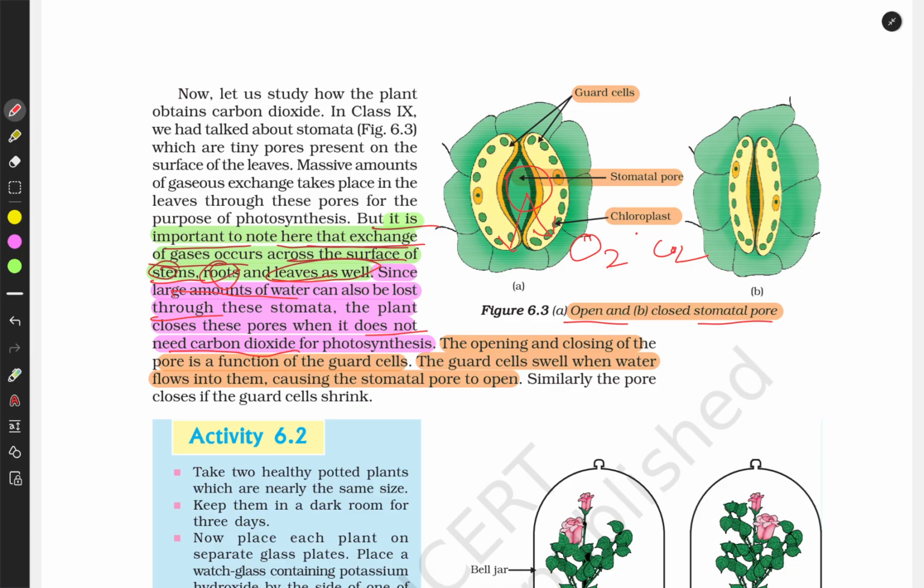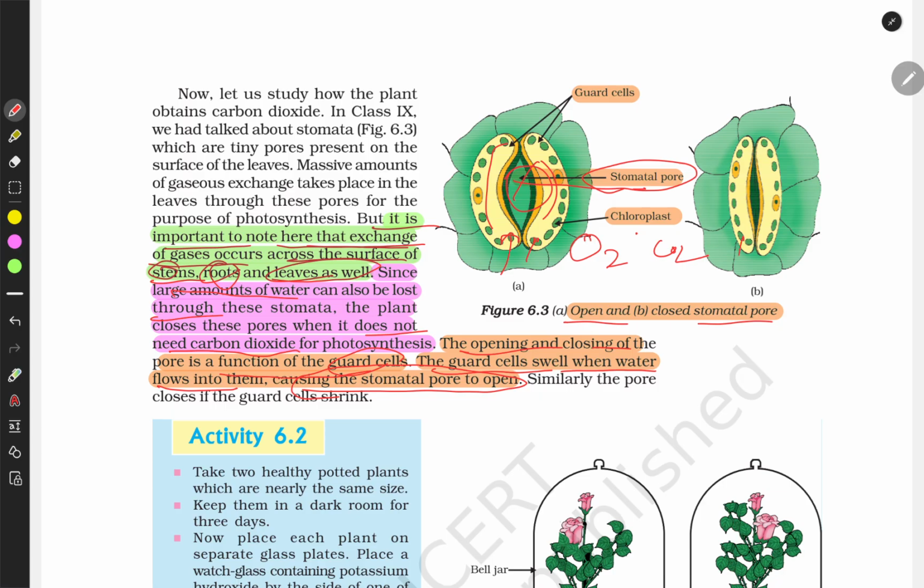And it opens and closes. The opening and closing of the pores is a function of the guard cell, and the guard cell swells when water flows into it, causing the stomatal pore to open. When the water flows inside these guard cells and they open, there is a stomatal pore inside, where the exchange of gases, carbon dioxide and oxygen, happens.